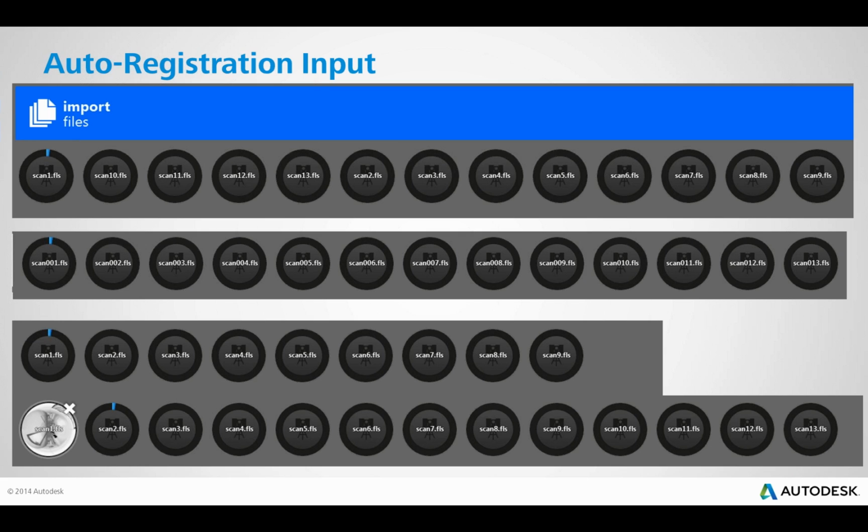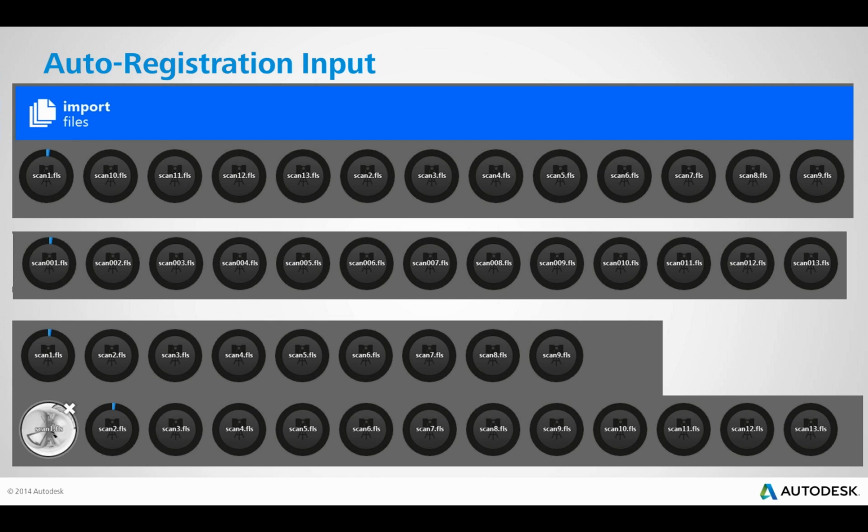Who knows what it may be, but if you have field notes where you know that scans 1, 2, and 3, and then maybe 9, 10, and 11 were all kind of in a sequential pattern, you can take that set of scans and import those ones first, and then grab scans 4 through 8 and bring those in next, and that will preserve that ordering for purposes of the automatic registration, and that way you can get the most out of this process.